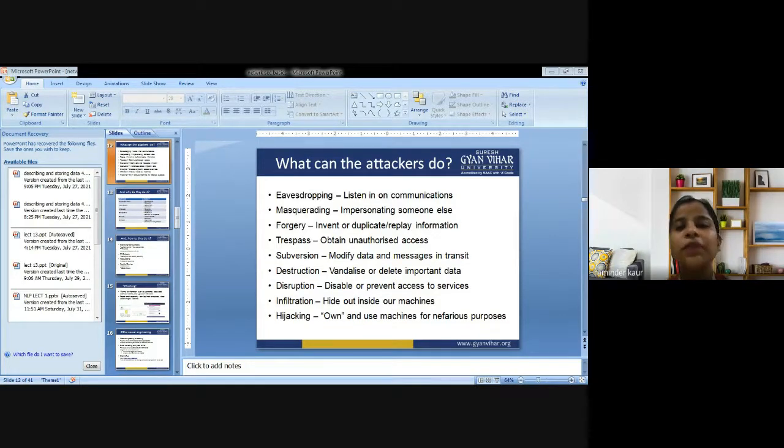So, impersonate another user, while traitors generally include inside attackers that use their own legitimate credentials to attain illegitimate goals. For example, identity theft in financial transaction systems is one example of a masquerade attack.